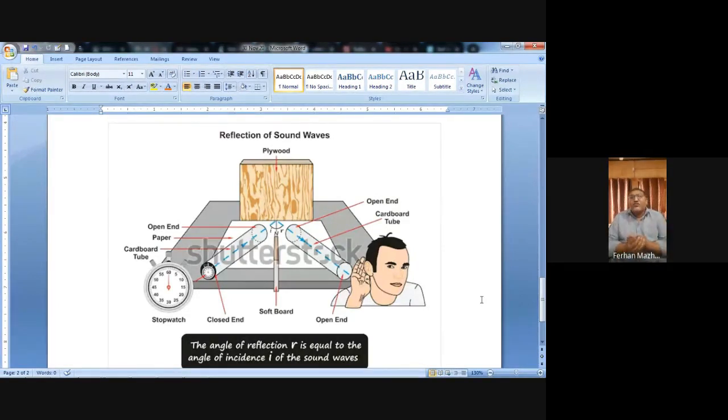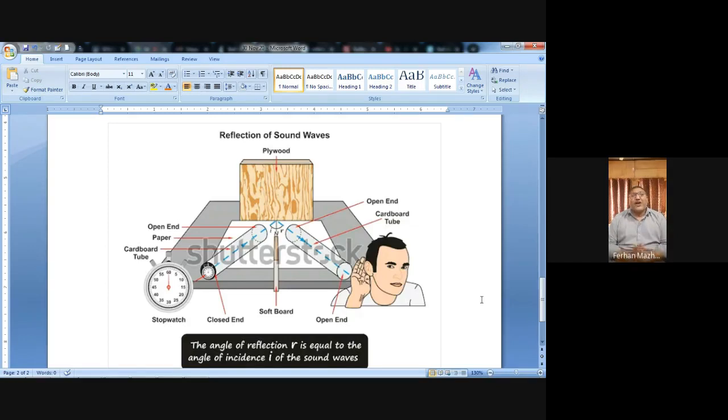As you know, we have studied in the waves chapter that waves can reflect from a barrier. For example, in the chapter of light, when we place a mirror and take a beam of light, the light is reflected from the mirror.